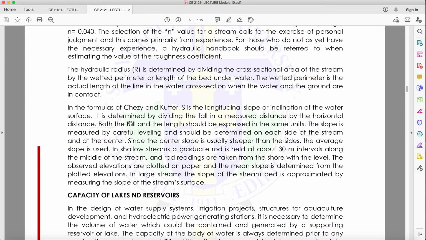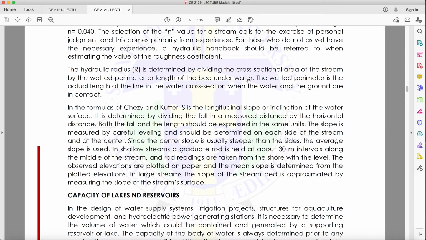That would help us a lot in determining N. The hydraulic radius is determined by dividing the cross-sectional area of the stream by the wetted perimeter, or length of the bed under the water.